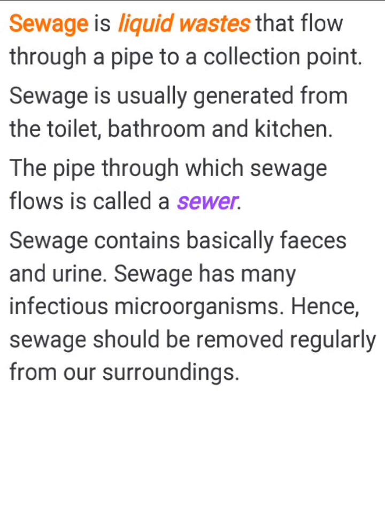And where is the liquid waste generated? Sewage is usually generated from the toilet, bathroom, and kitchen. Yes, the water you flush to carry feces from the WC in the toilet usually goes to a pipe, and the same water you generate from the kitchen that flows through the basin goes to meet the wastewater from the toilet, and the one you generate from the shower, that's the bathroom, also flows to meet them.